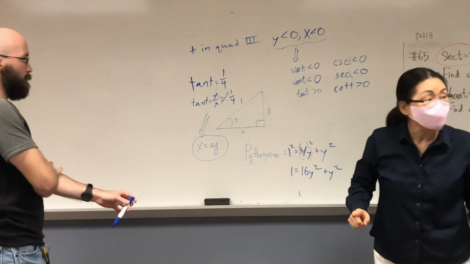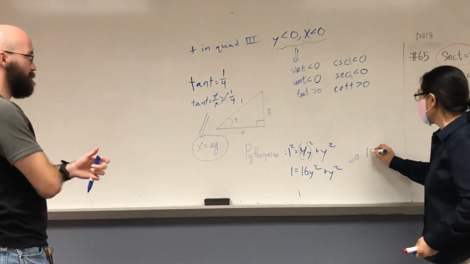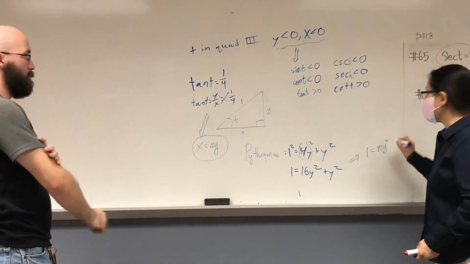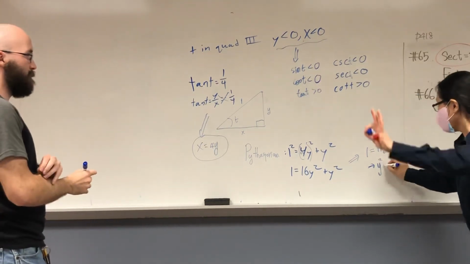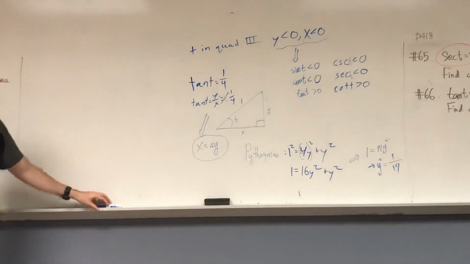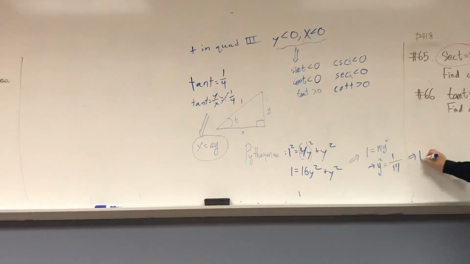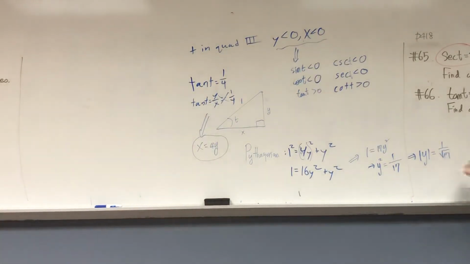So here, 1 equal to 17y squared. Am I right? So y squared is 1 over 17. So absolute y equal to 1 over square root of 17. Your y is positive or negative?